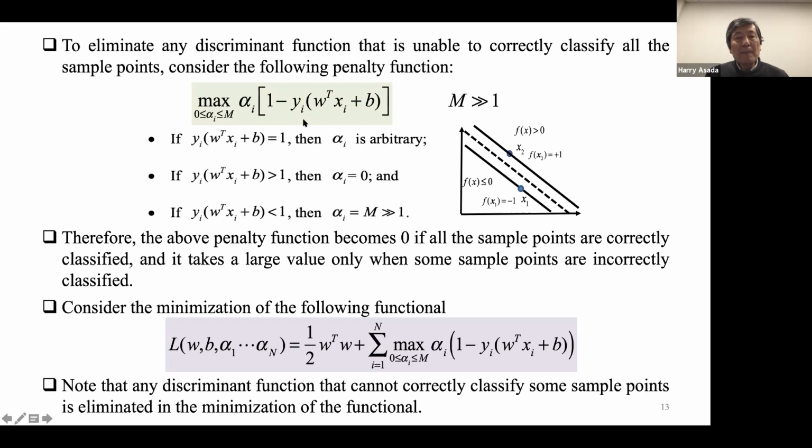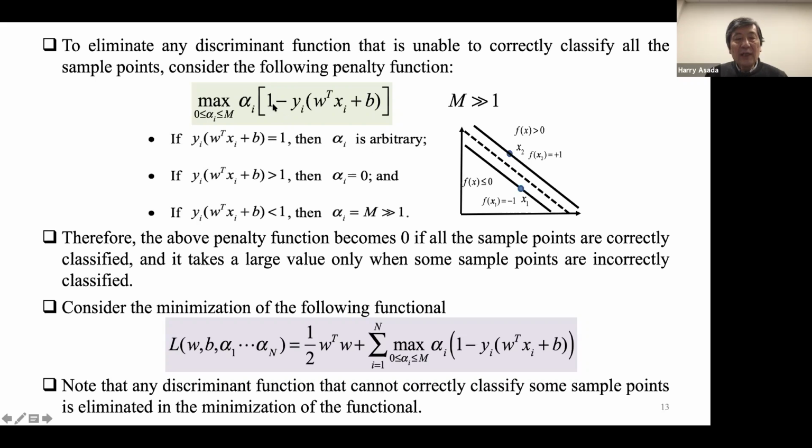One is that if you plug in the xi, yi, the sample data points on the borderlines, like x1, x2 in this case, the discriminant function is plus or minus 1, and exactly on this line it's plus 1.